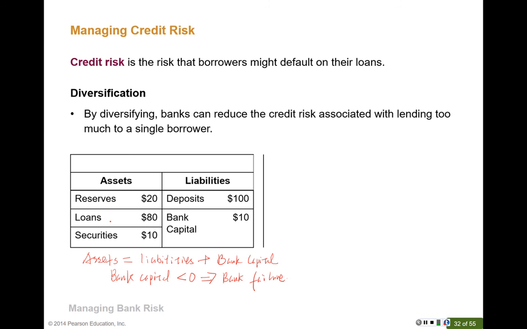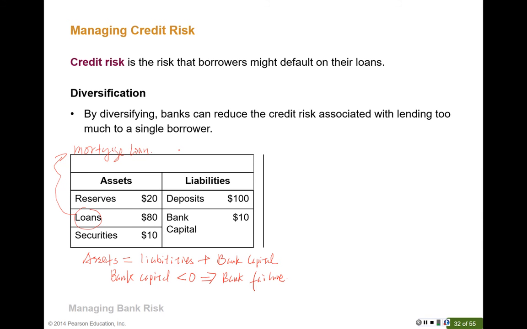Suppose in this case, this bank lends out all of its loans as mortgage loans. So this $80 is concentrated in mortgage loans. What if the housing market collapsed, just like in 2008, the housing crisis?